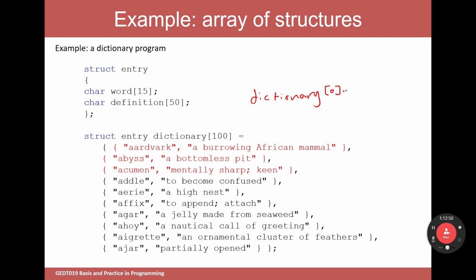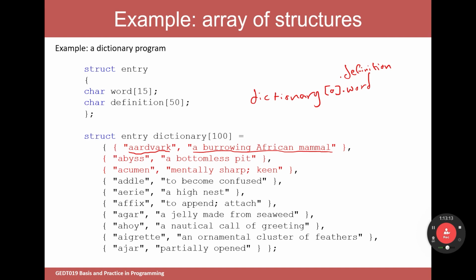You can say dot word, and dot word will give you this one. Element number 0, dot definition. In this case, dot definition will give you this one. Okay, that's it. This is about array of structures.